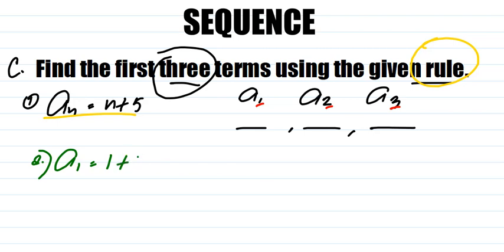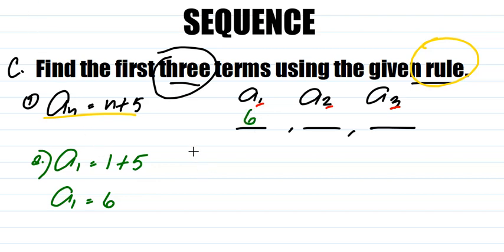Then, copy yung ibang part ng ating formula. So, yung A sub 1 daw ay equal sa 1 plus 5. So, A sub 1 equals 1 plus 5 equals 6. So, yun na kagad. Yung value ng ating A sub 1 ay 6.